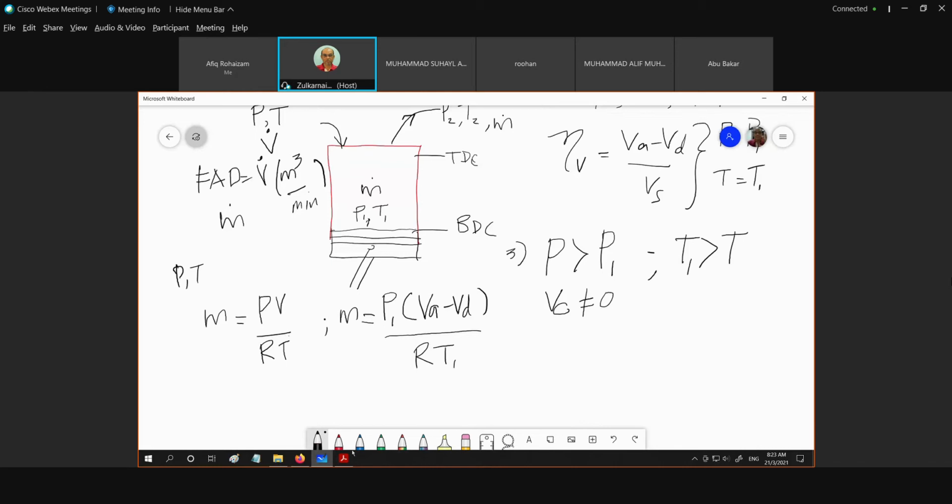And the third depends on our delivery part. For the delivery, M dot or M is equal to P times the V that we send from B to C, which is VB minus VC divided by RT2. These three conditions will give the same M, whether M dot or M.